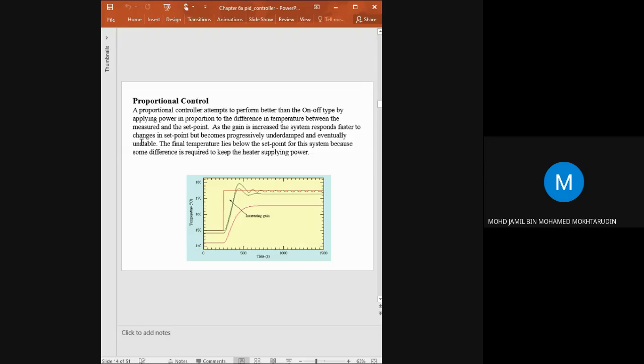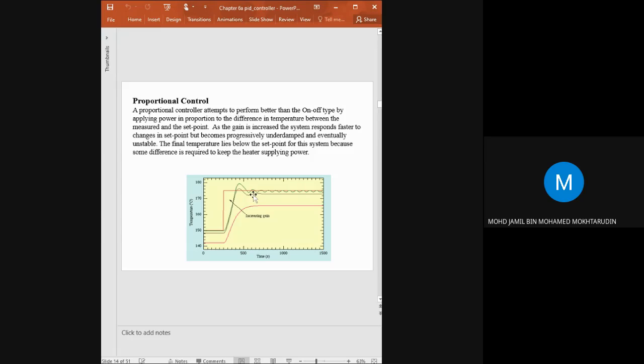So for proportional controller, if you increase the gain, then the rise time will be faster, but the system will become underdamped or will produce more overshoot and more oscillation. So if you increase more proportional gain, then the system will be more unstable, but the rise time will be faster. And the final temperature lies below the set point for the system because some difference is required to keep the heater supplying power.